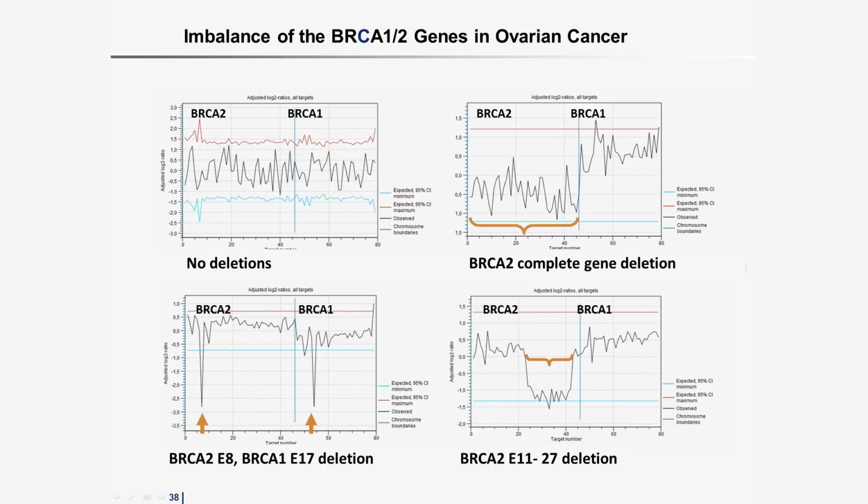However, the copy number variation analysis itself was perfect and showed clearly in this sample, for example, that you didn't have any deletion, but here the whole BRCA2 is deleted, and in this sample we have a deletion of BRCA2 exon 8 and BRCA1 exon 7, and in this sample half of the BRCA2 is deleted. So this worked really very nicely.